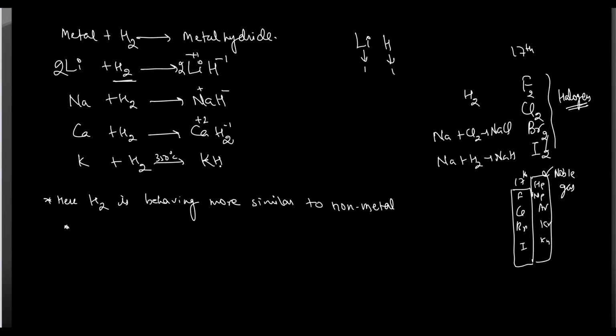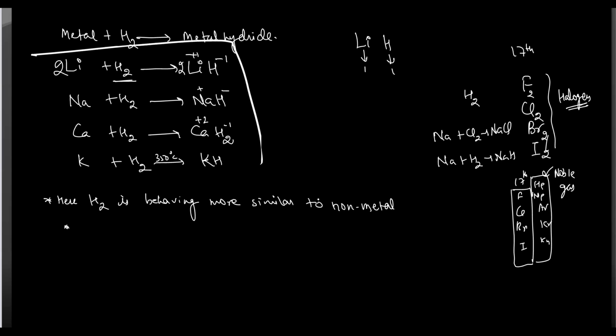Because hydrogen is very small, and sodium is not very much bigger, so it can make a bond with it. Elements that are much bigger in size do not. So the hydrides are lithium hydride, sodium hydride, calcium hydride CaH2, KH.